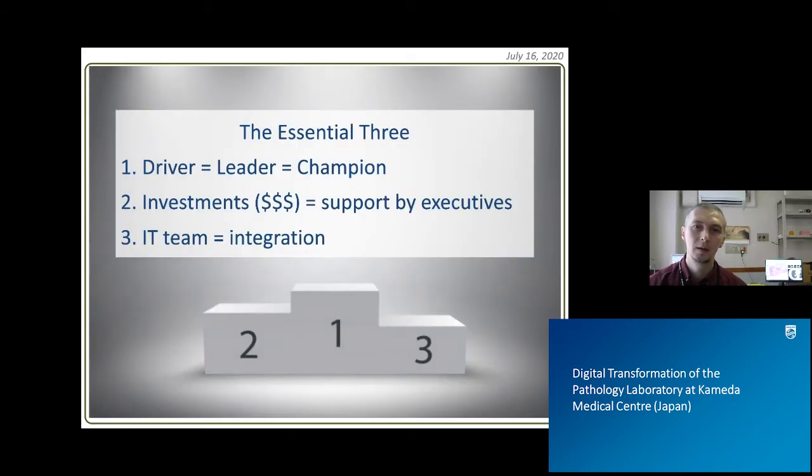You need the essential three. Number one, no doubt, you need to have a driver or leader, or as UK people like to say, a champion. Who is that? That's a person who is familiar with the basics, who knows the market, educated, enthusiastic. Without this guy, you cannot start.